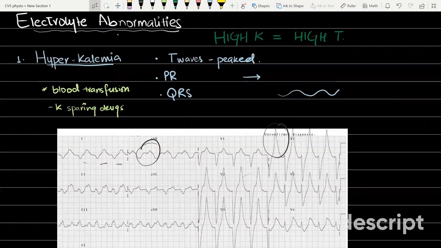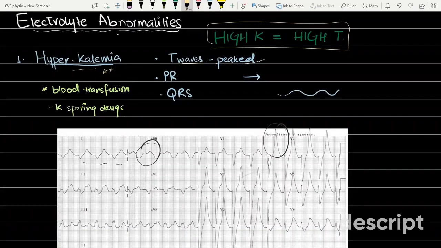Now we will be discussing electrolyte abnormalities, starting with hyperkalemia, that is when there is an excess of potassium ions. This is another high yield concept. So remember it with the mnemonic high K is equal to high T. So in ECG for hyperkalemia, we see T waves which are peaked.